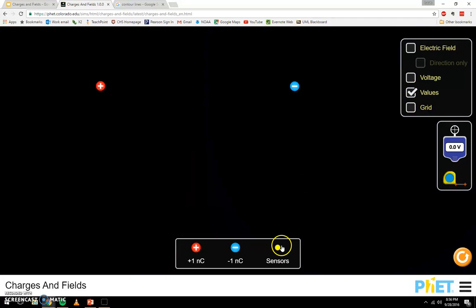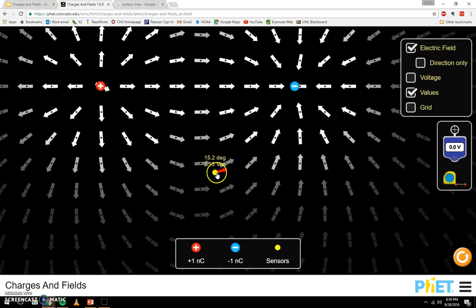Now, what does that mean, values? Well, if I put a sensor up here, then it's going to tell me with its arrow the magnitude and the direction of the electric field as a vector that's changing length as opposed to changing brightness. So again, I put the electric field back on, and you can see that the direction of the sensor's electric field is going to be perfectly aligned with the one that's already displayed.